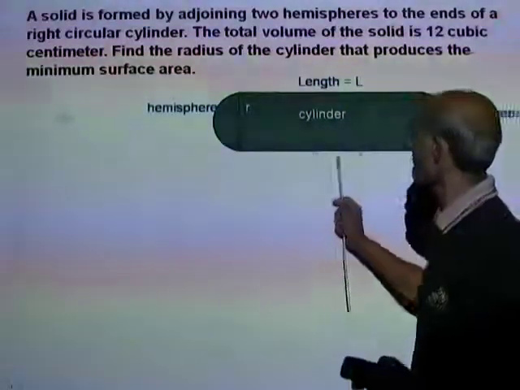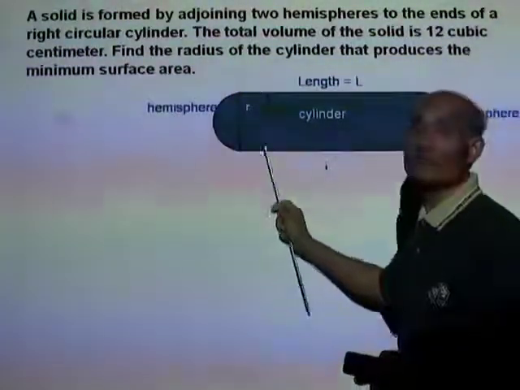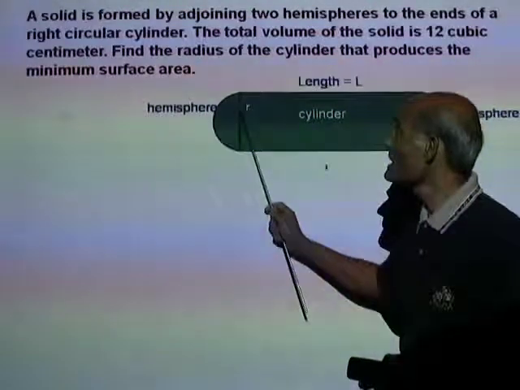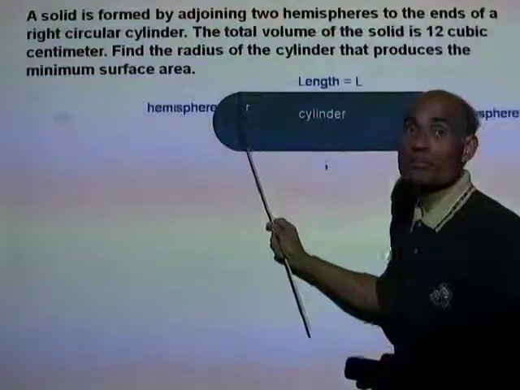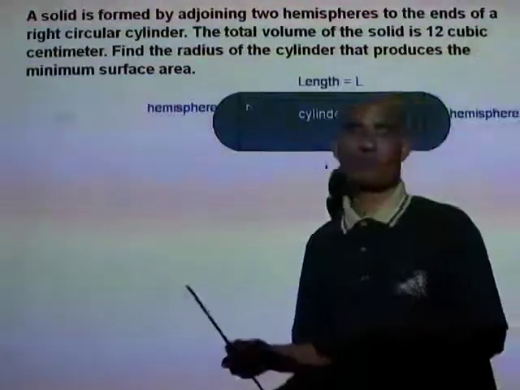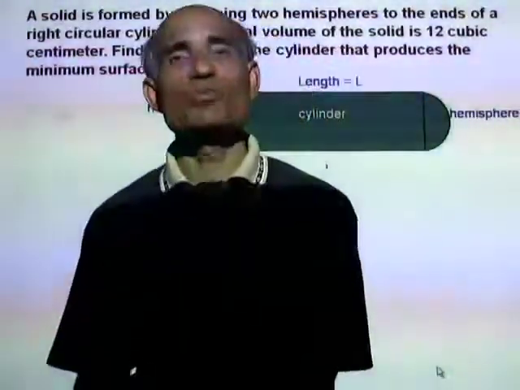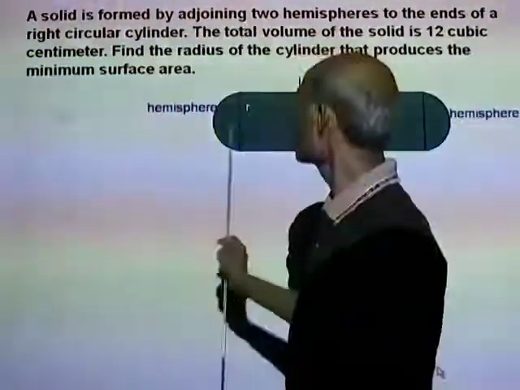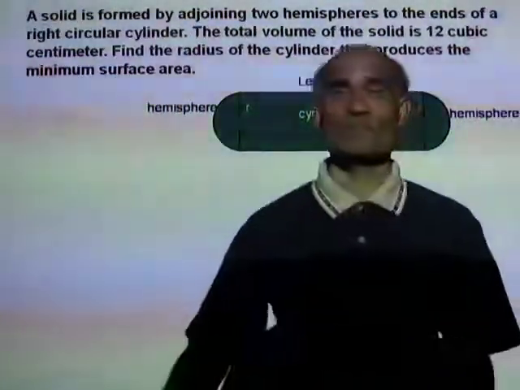Let the length of the cylinder be L and its radius be equal to r. The radius of the cylinder and the radius of the hemisphere are both the same. Alright, can you write an equation for the total volume of this?